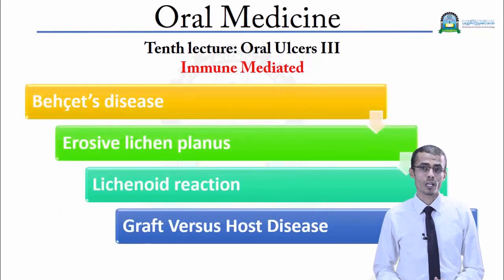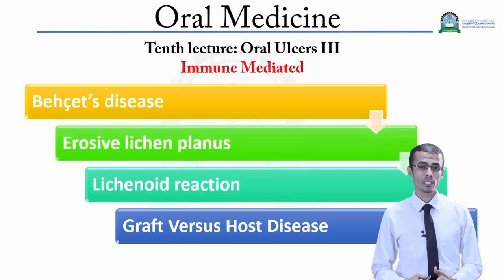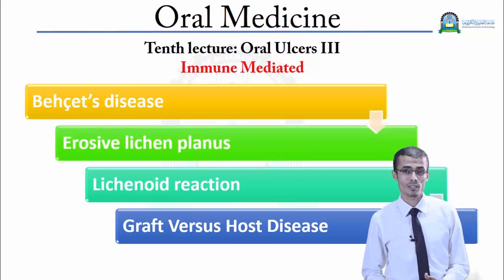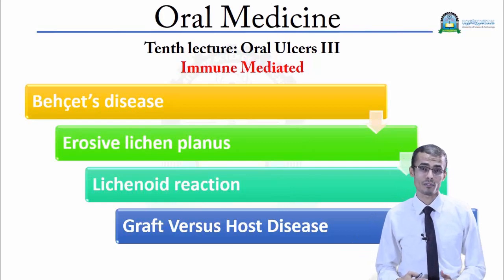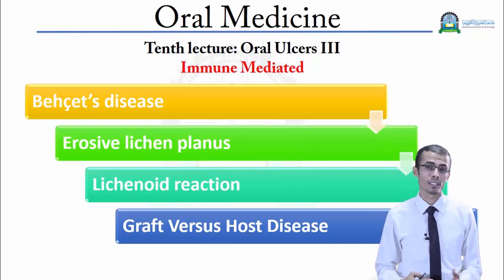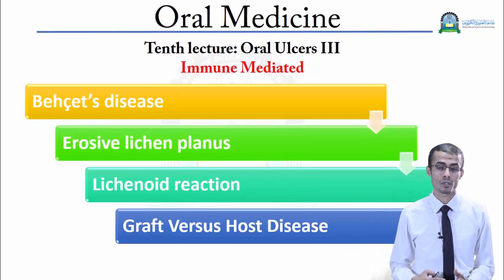In this lecture we will talk about 4 immune-mediated oral ulcerative lesions, starting with Behçet disease, which is an immunological condition associated with ulcerative lesions in the oral, genital and ocular organs.